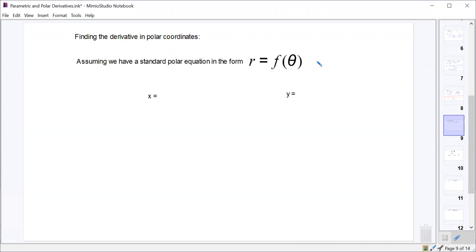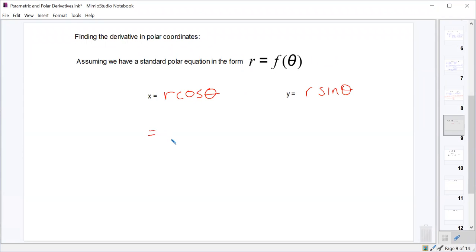How can we rewrite any polar equation? x should always be r cosine theta, right? And y should always be r sine theta.